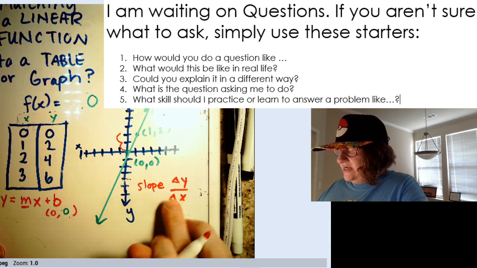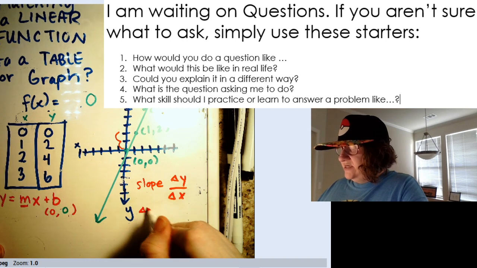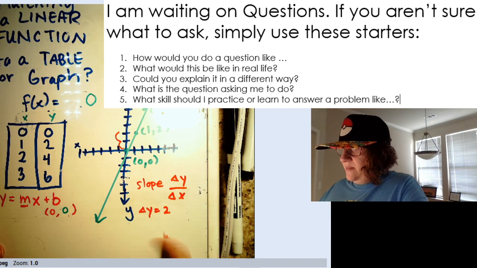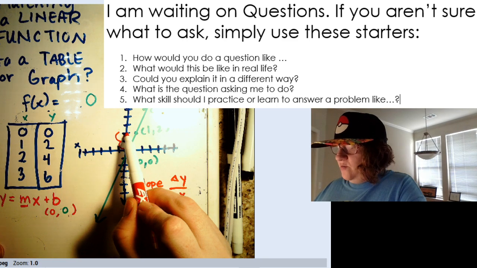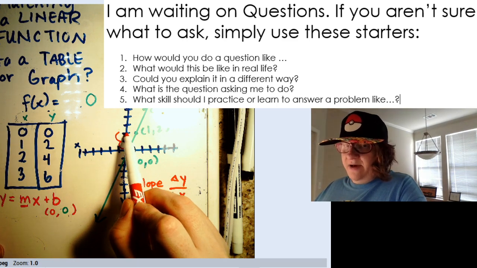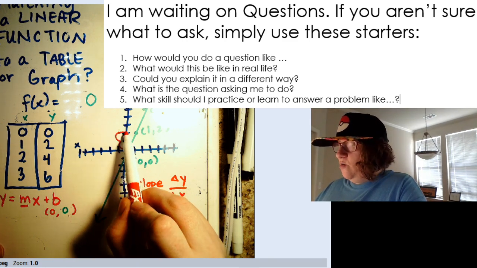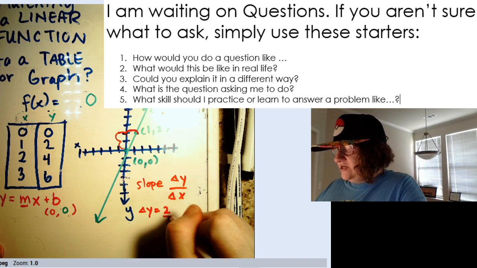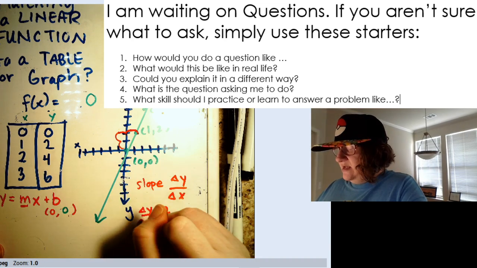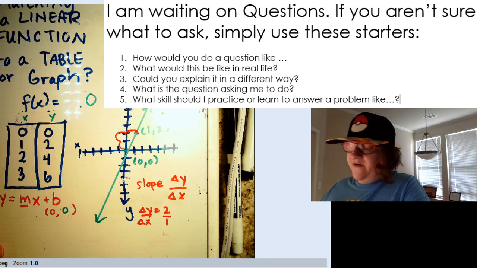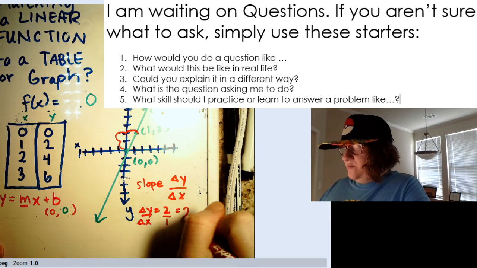So our change in y equals 2. And then from this point, we're going to count how many times we go over. 1. So our change in x is 1. We would simplify that, and our slope is 2.